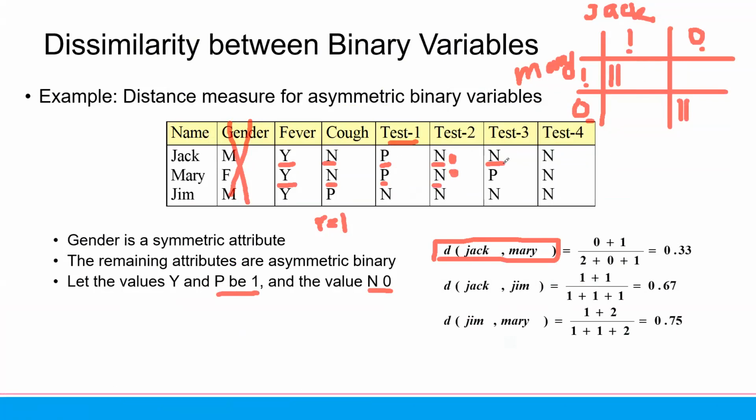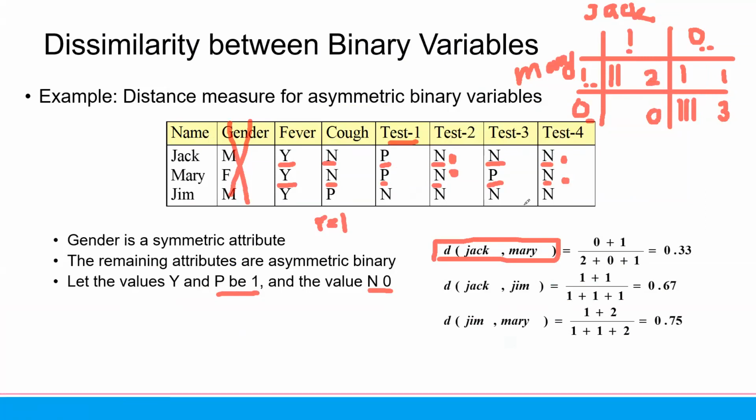Now Jack is negative but Mary is positive, so Jack is 0 and Mary is 1. Then we have 1. And the last one, we have N and N, negative and negative, which is 0 and 0, so we have 1 more here. So we have 3 items here, 2 here, 1 here, and 0.